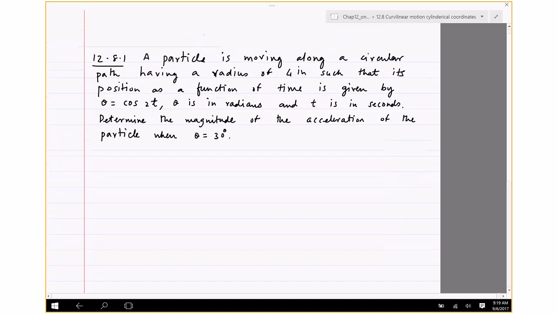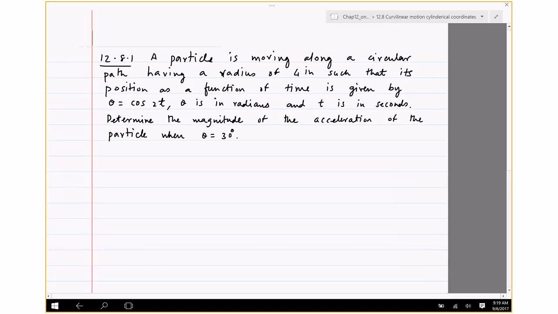A particle is moving along a circular path having a radius of 4 inch such that its position as a function of time is given by theta equals cosine 2t, where theta is in radian and t is in seconds, where clearly t is the time. Determine the magnitude of the acceleration of the particle when theta is 30 degrees.